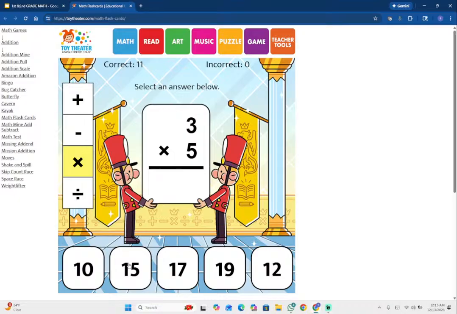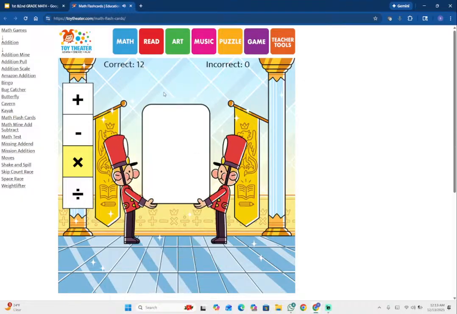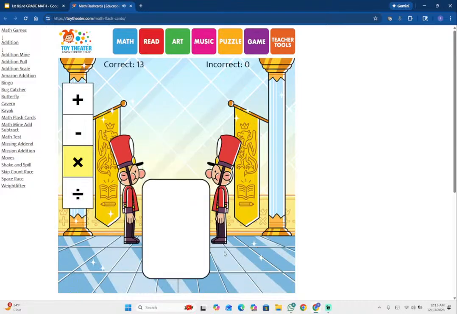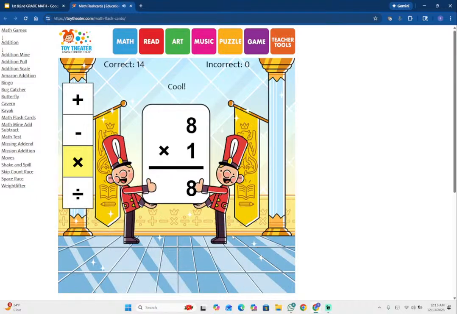So 5 plus 5 plus 5, since we're using 3 sets. This one's very easy. There's one set of 7, so it's just 7. And the last one, okay, we'll do one more after this. One set of 8 is just 8.